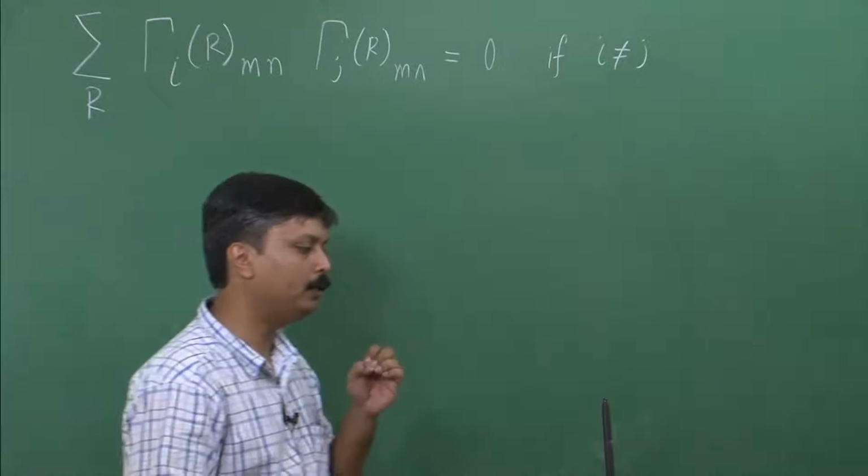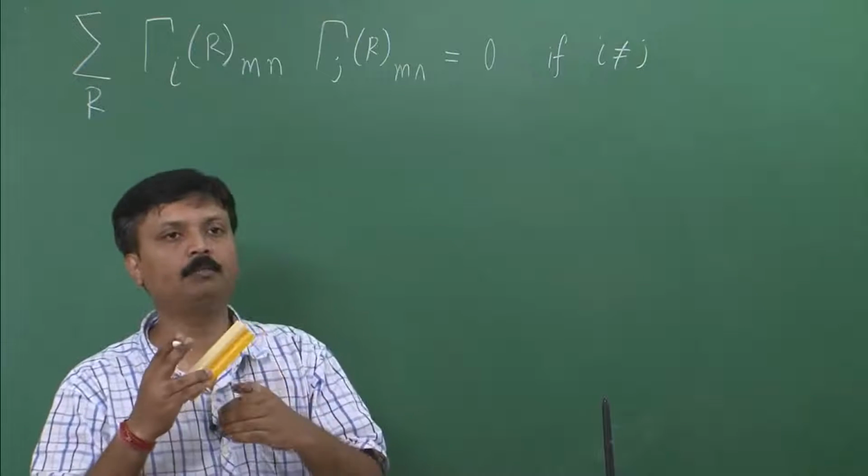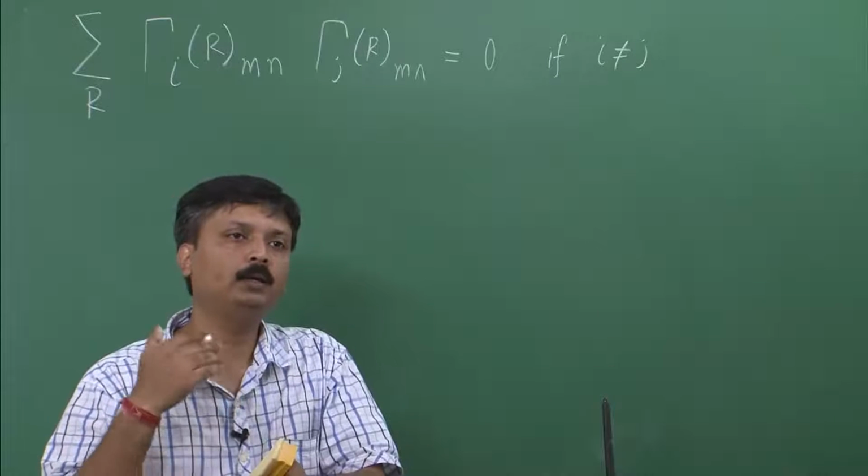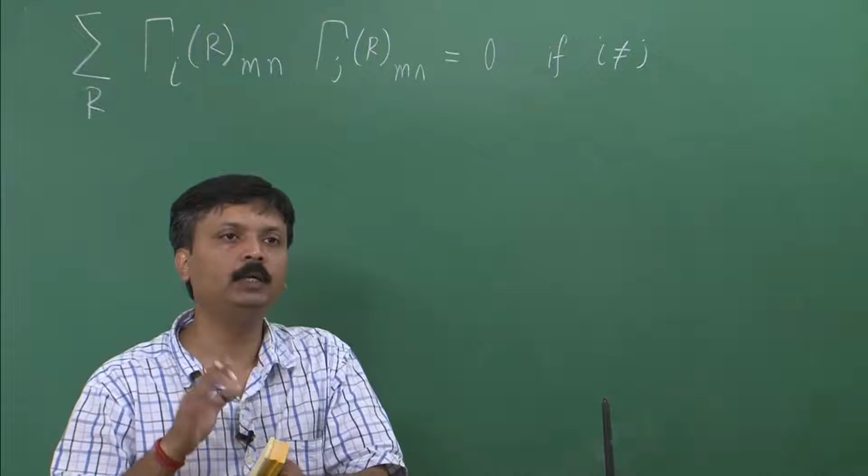But if I do it with itself, like choosing one particular irreducible representation and multiplying with itself, then that will not be 0.